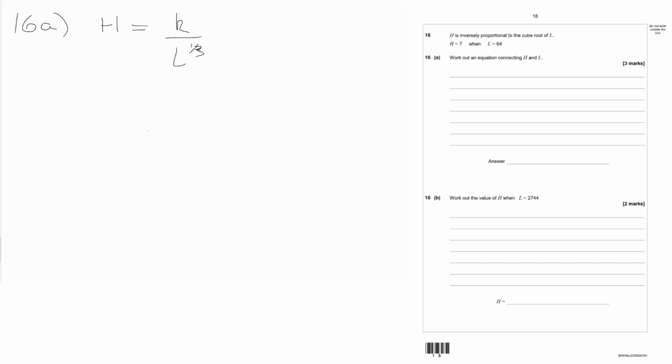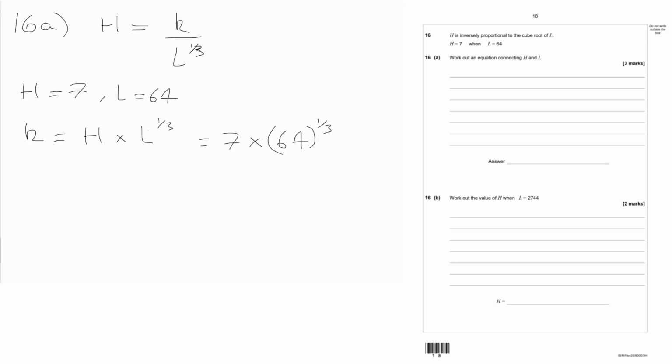And we're told that when h equals 7, L equals 64. So now we can just rearrange to find k. So k equals h times L to the power of a third, which equals 7 times 64 to the power of a third.